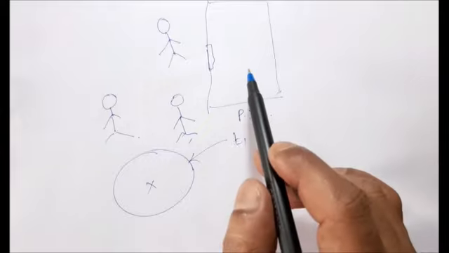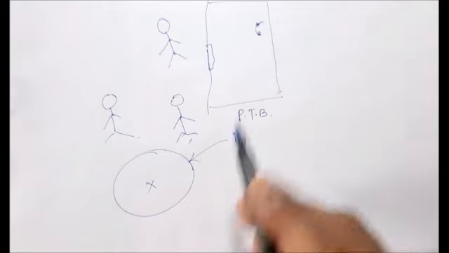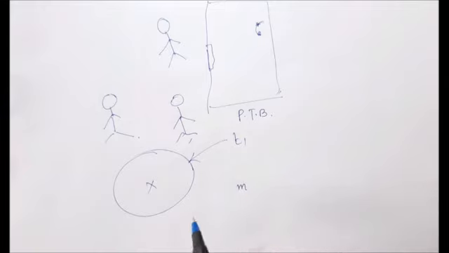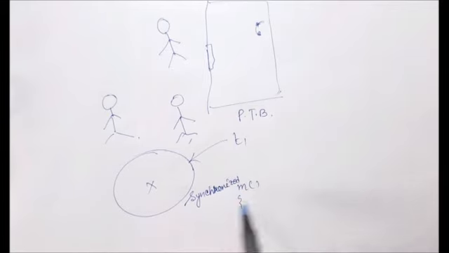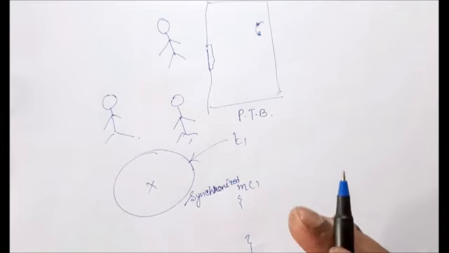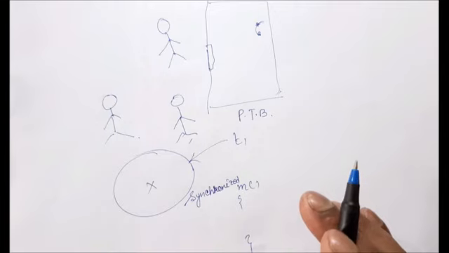If I compare with this telephone booth, suppose this is one of my methods, M, and if somebody wants to access this method, we have to use the synchronized keyword: synchronized M. Internally, the synchronization concept is implemented by using this lock concept.